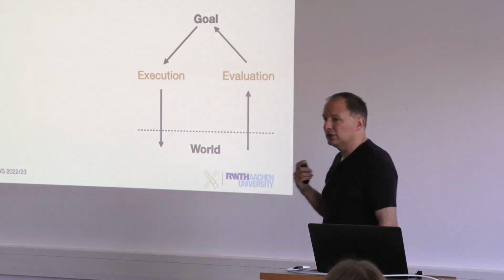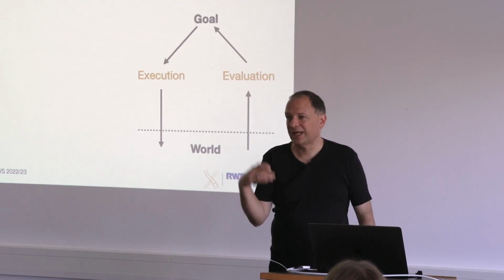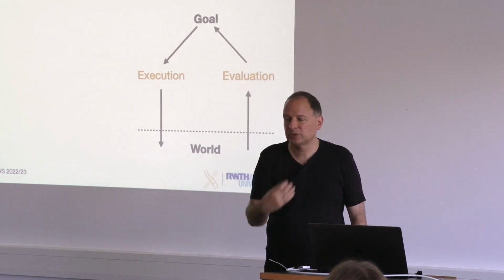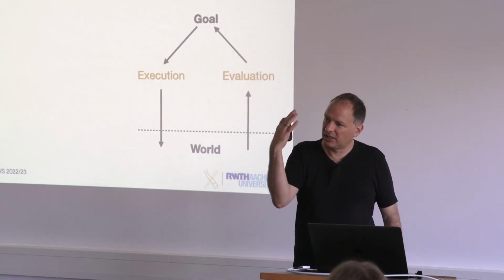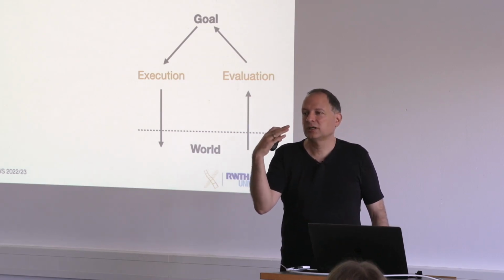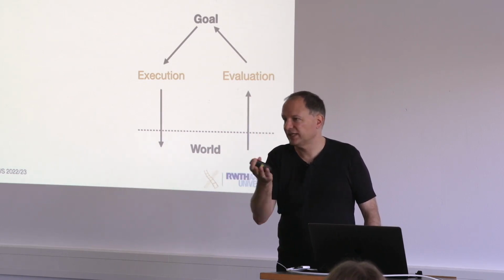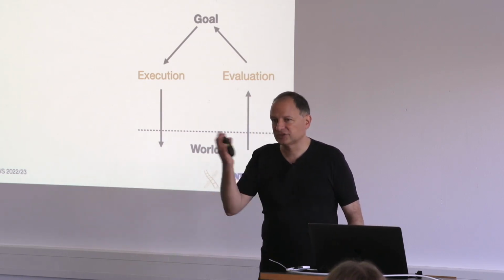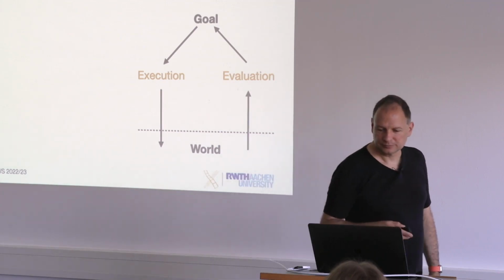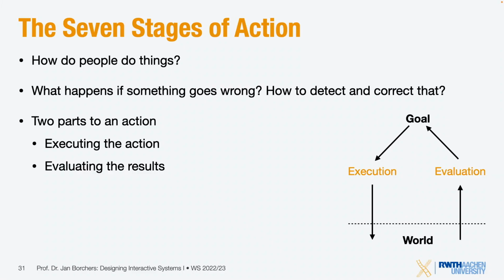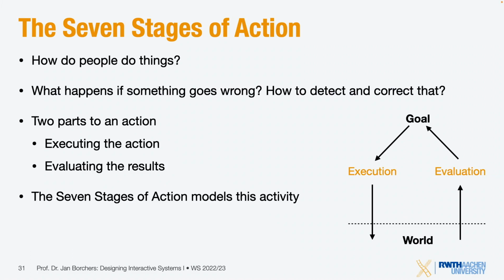And we're going to look at the various transitions that happen as people go through this cycle, and understand what we can do in interface design, in interaction design, to actually avoid mistakes at that level of this psychological cycle, if you want. So each action has these 2 parts: the execution and the evaluation part. And the 7 stages of action model is basically giving us a fundamental view on this whole process.